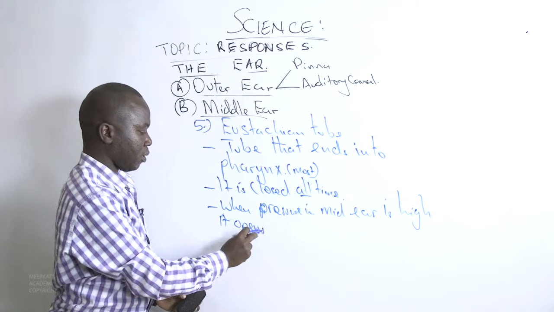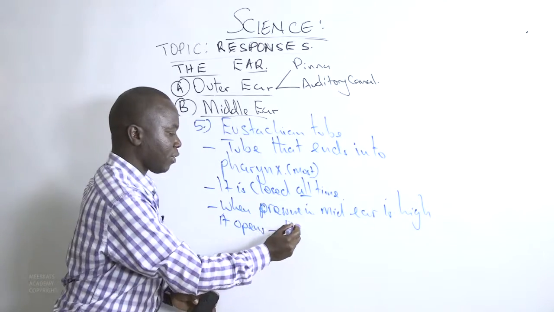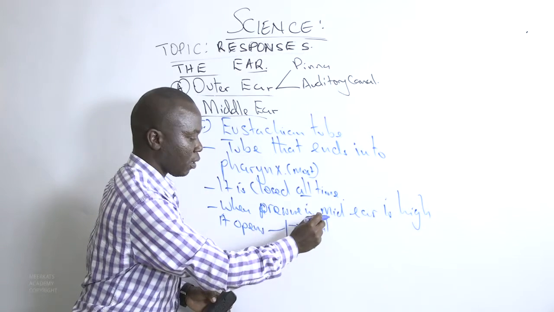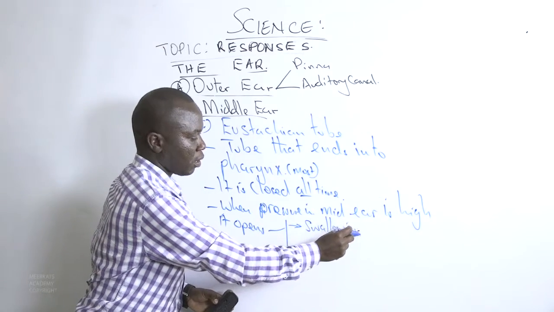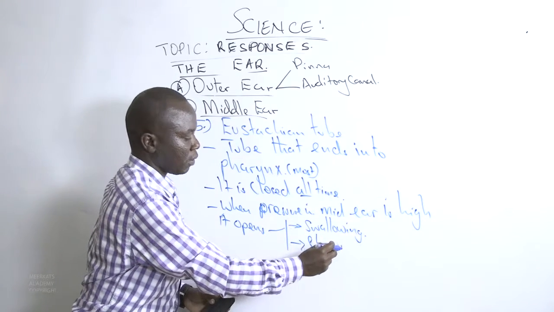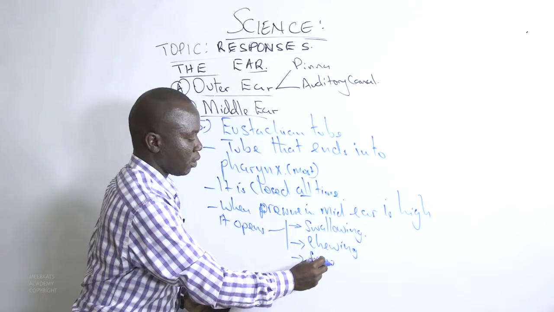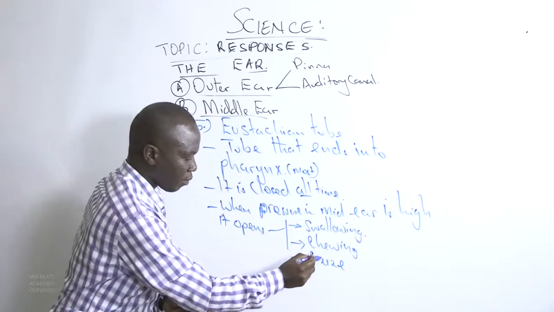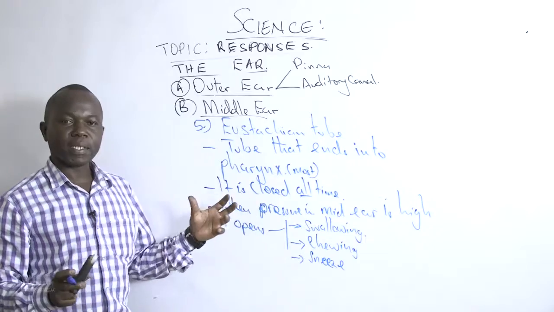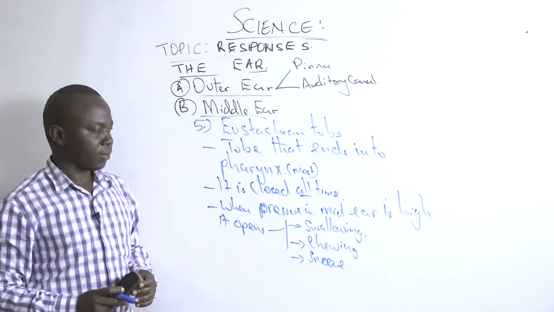How does the Eustachian tube open? There are several ways. Through swallowing, when you swallow saliva, when you chew on something, when you sneeze. When you sneeze, the Eustachian tube opens, and the air pressure that was in the mid-ear that was high goes down.